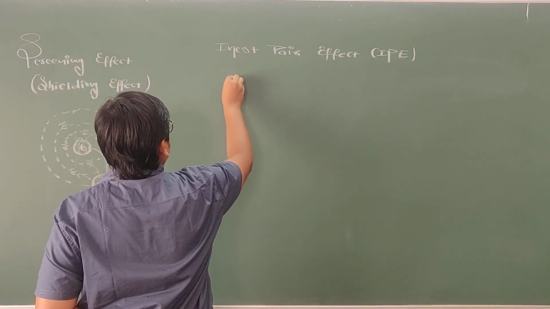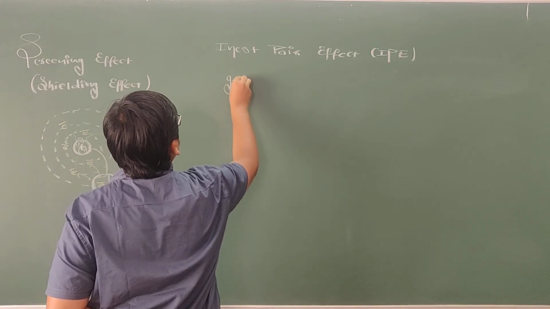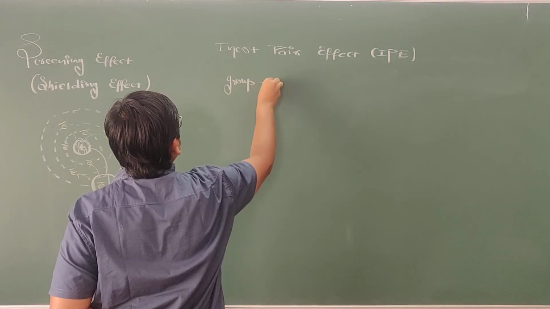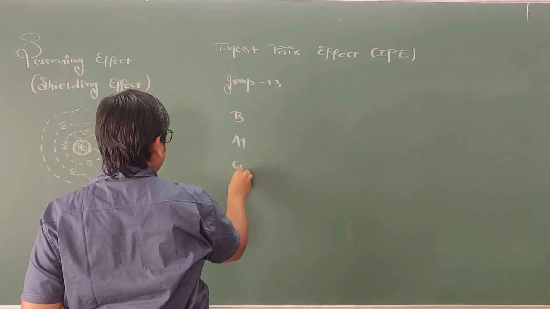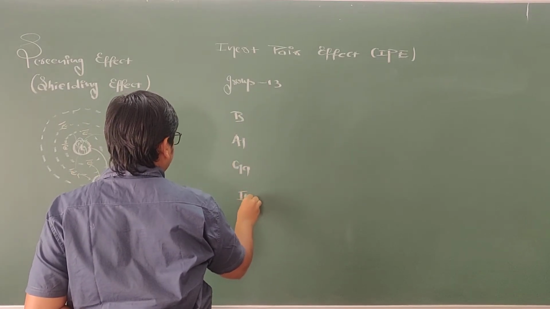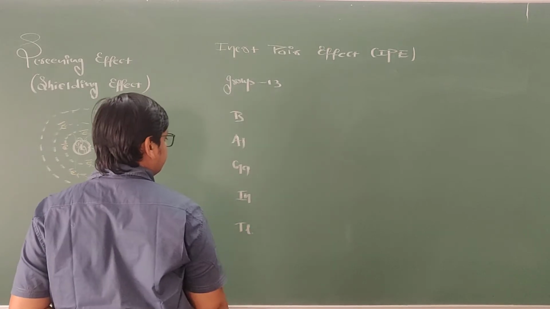So let us take an example of group number 13. Group number 13, the members are boron, aluminium, gallium, indium as well as thallium.